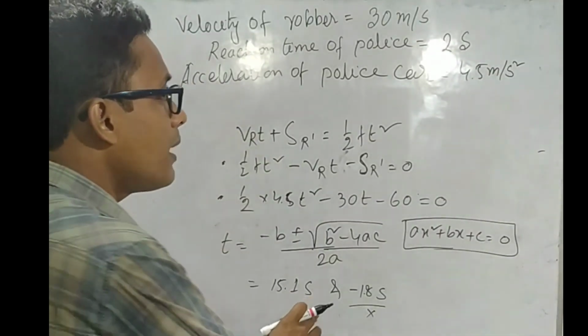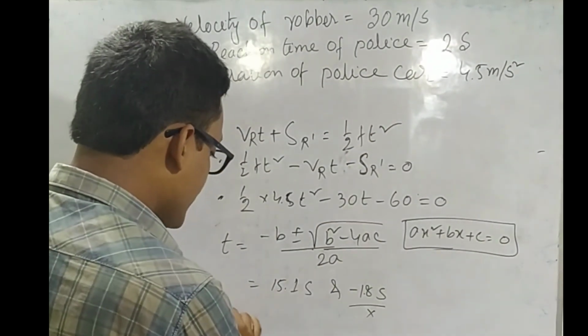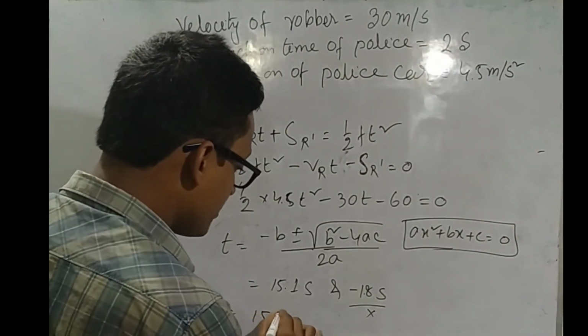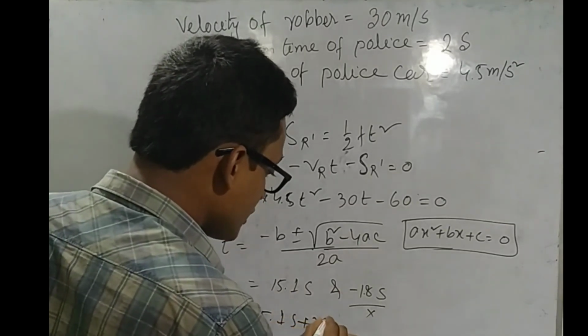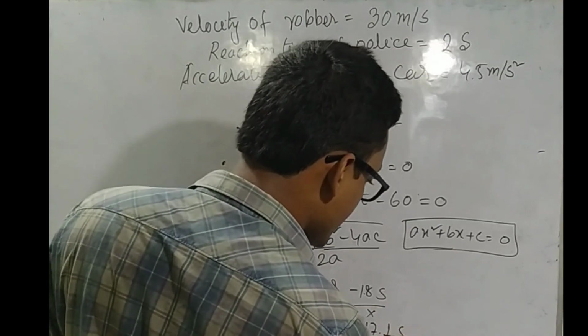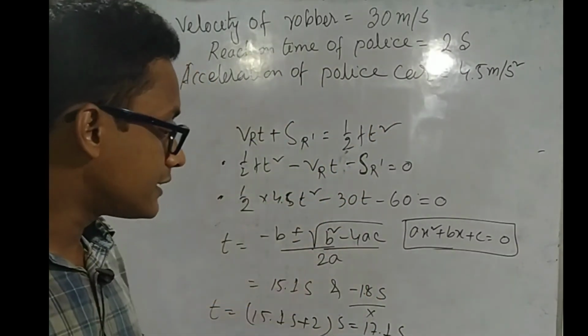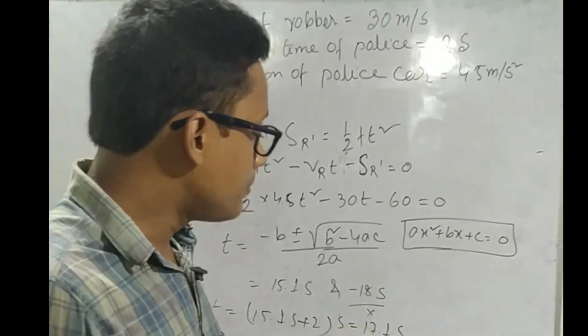But there was a reaction time of police, so the total time taken by the police is equal to 15.1 seconds plus 2 seconds, that is 17.1 seconds. Within this total time, the police can catch the robber.